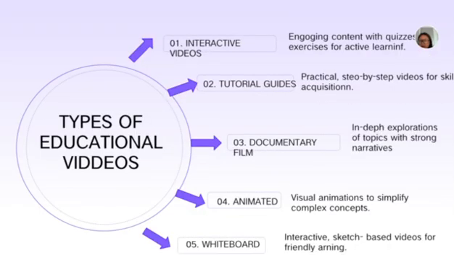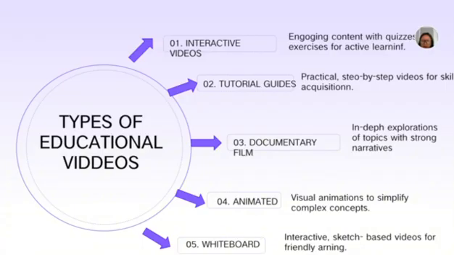There are different types of educational videos, such as interactive videos, tutorial guides, documentary films, whiteboard videos, and animated videos. Interactive videos are particularly used for active learning, while tutorial guides are great for step-by-step instruction.